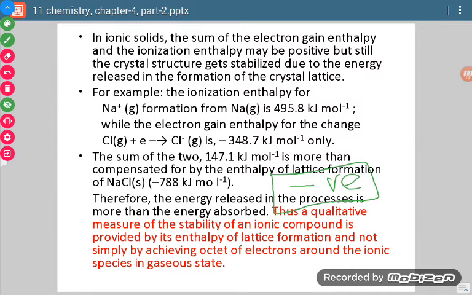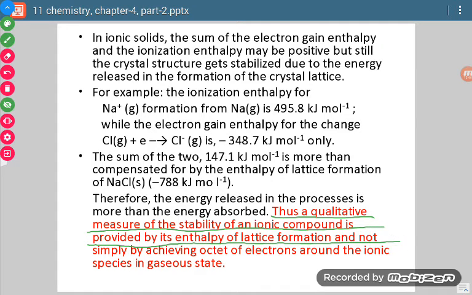So since the total energy value is negative, it means energy is reduced overall, and so the compound formed is more stable. Thus a qualitative measure of the stability of an ionic compound is provided by its enthalpy of lattice formation, and not simply by achieving an octet of electrons around the ionic species in the gaseous state.